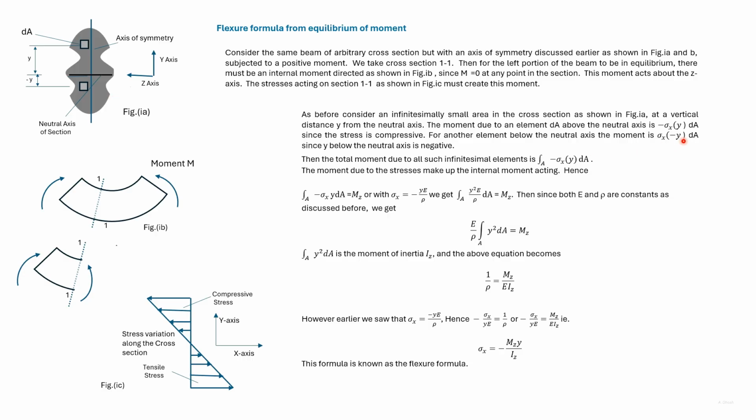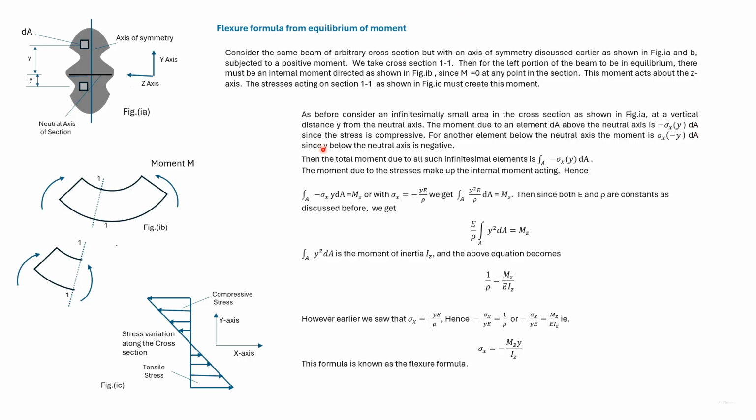So the moment of the force acting on the element about the neutral axis of the section would be sigma x minus y dA. So whether it is on the top or the bottom of the neutral axis, the moment due to a force acting on an element is given as minus sigma x y dA. Both these are the same.